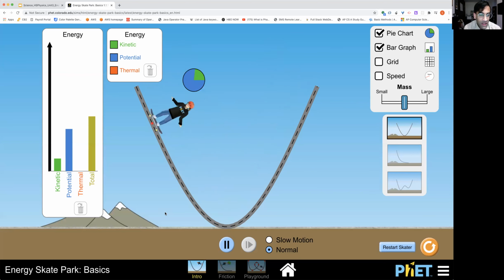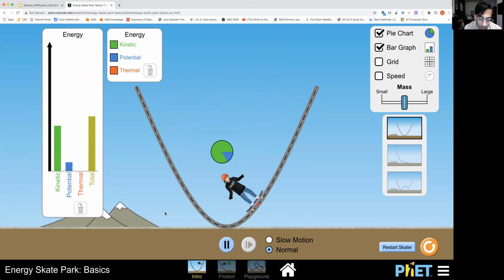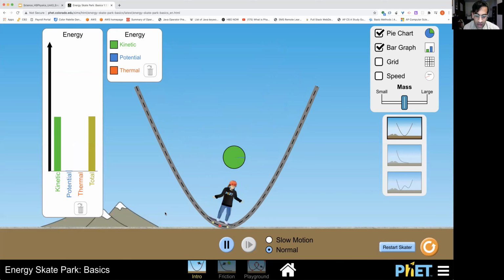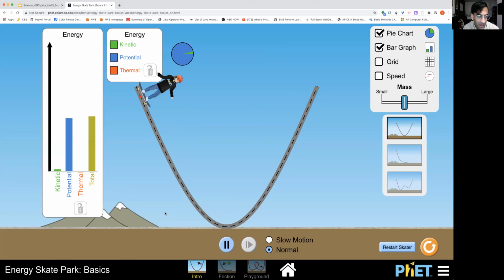And we can see that it gets converted completely to kinetic energy when we hit the bottom of the half pipe. There, the skater has completely kinetic energy, and as you get to the top of either end of the half pipe, all that kinetic energy gets converted back into potential energy.